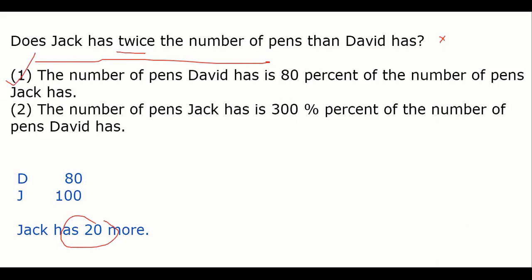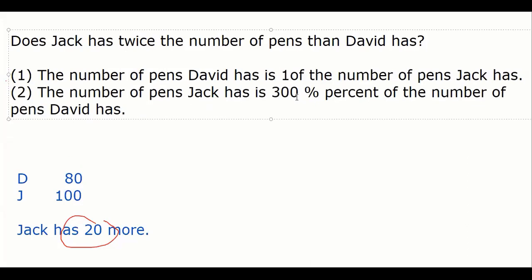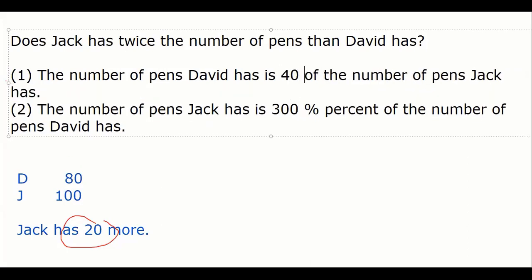But if I give the question like this, the number of pens David has is, if I change it, 40 more than the number of pens Jack has.